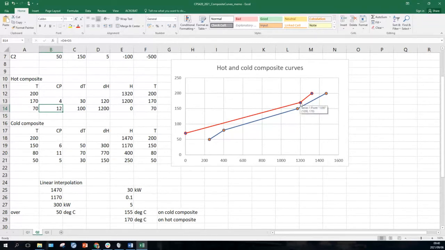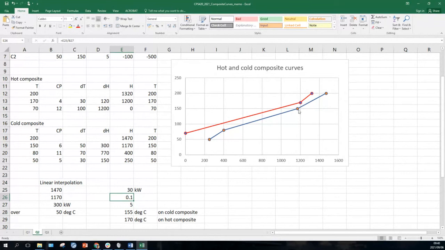It's 1200 and 170. 70 on that, yeah, and 155 should be the linear interpolation, isn't it? Yeah, 5 degrees, 30 kilowatts compared to 300 is 0.1.